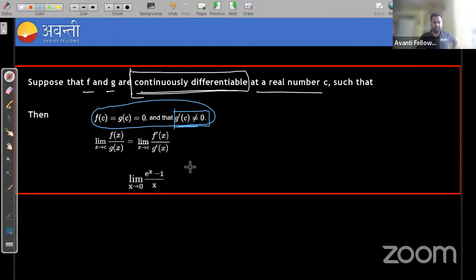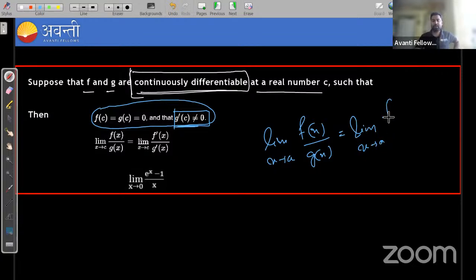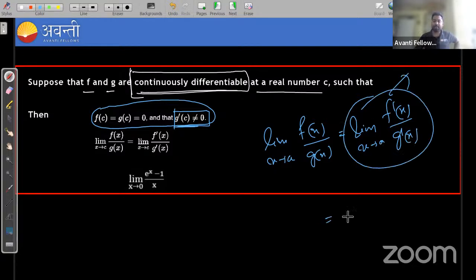Then the limit as x tends to a of f of x upon g of x is equal to the limit as x tends to a of f dash of x upon g dash of x. If you are not getting a finite limit here also, then differentiate again, take the double derivative, f double dash of x upon g double dash of x.